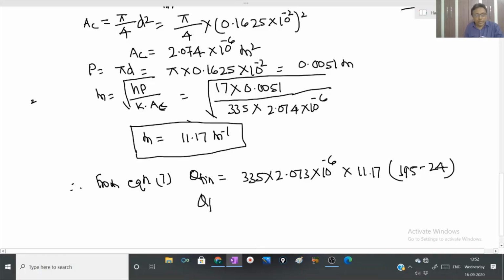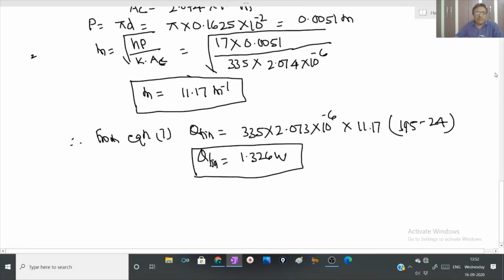So Q fin is nothing but 1.326 watt. Now this is the rate of heat dissipation from a single copper wire as a fin. There are two copper wires, so they will dissipate heat at twice this rate, and that heat is nothing but the heat required to melt the solder and join the copper wires.